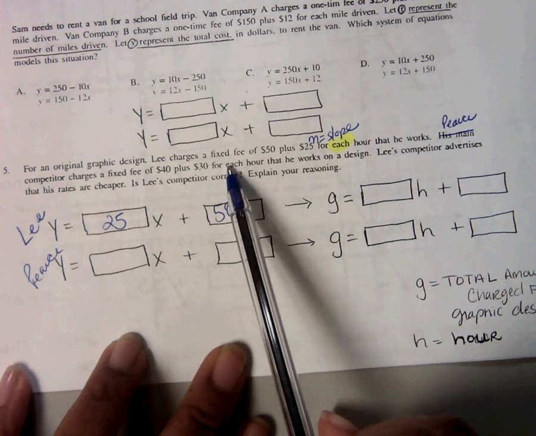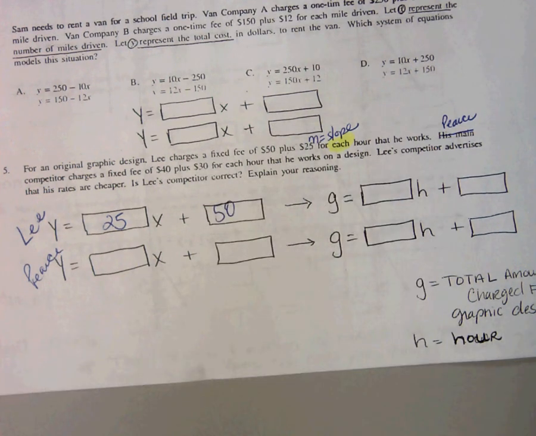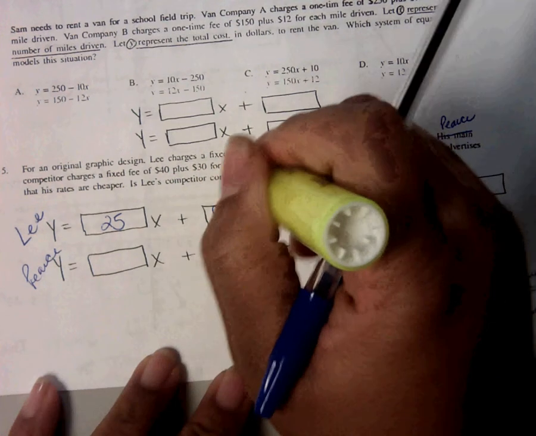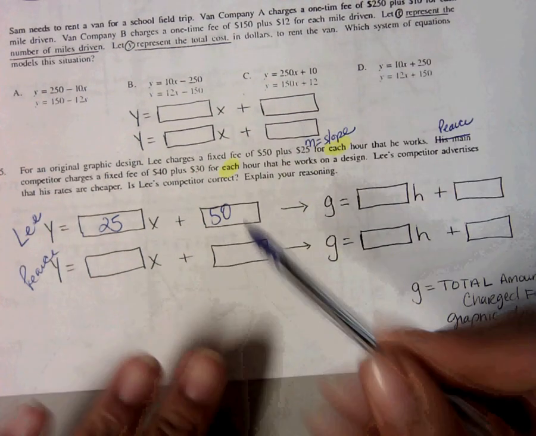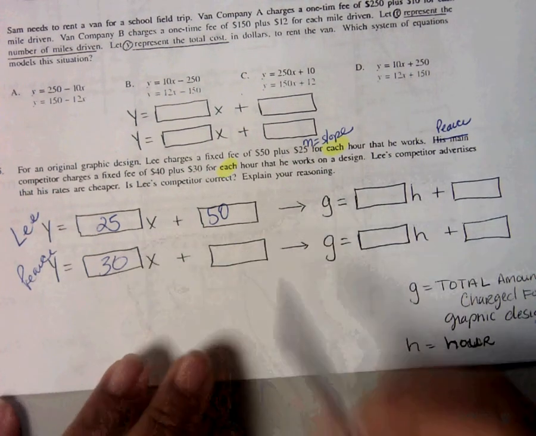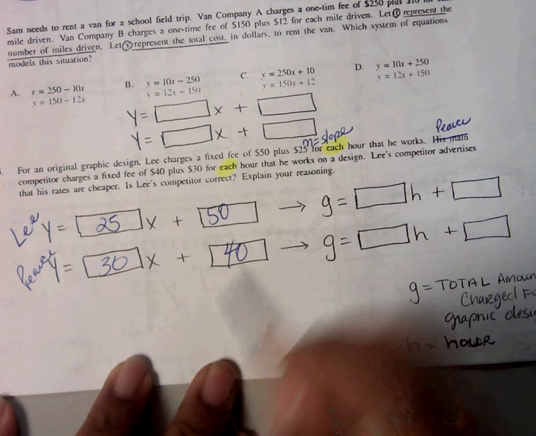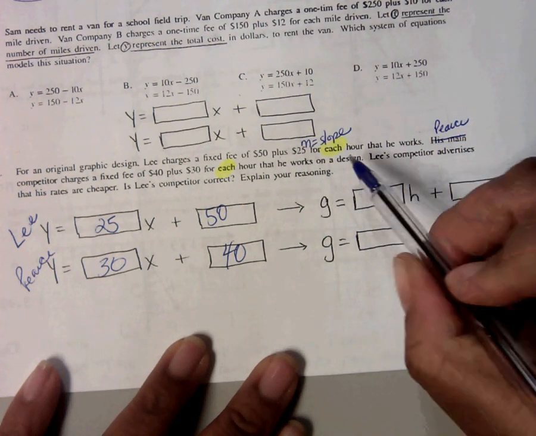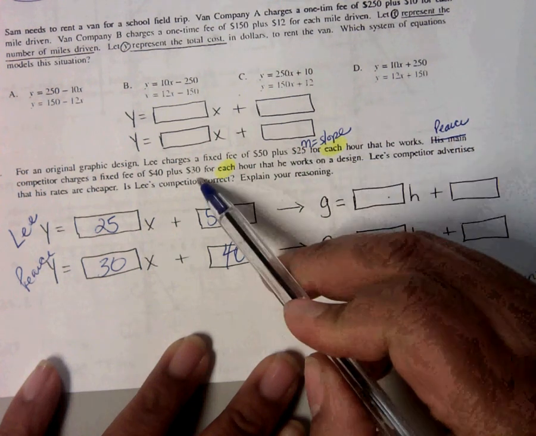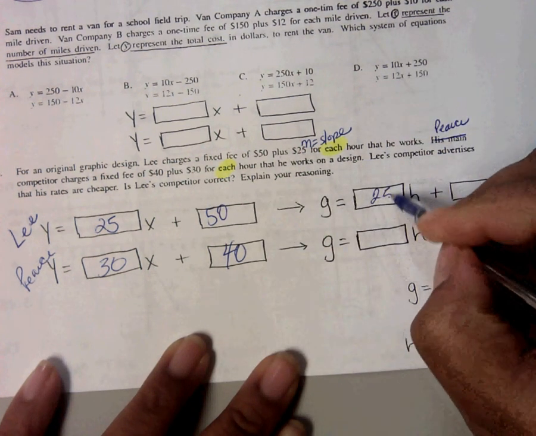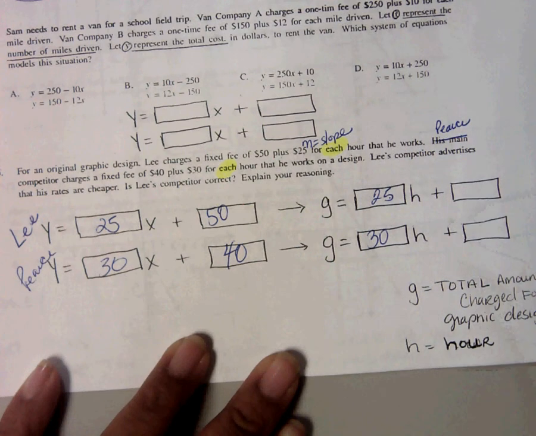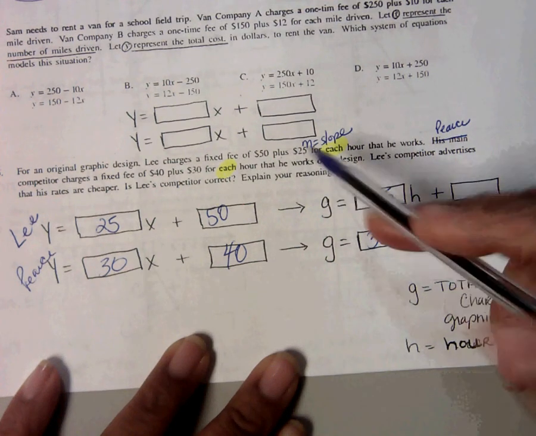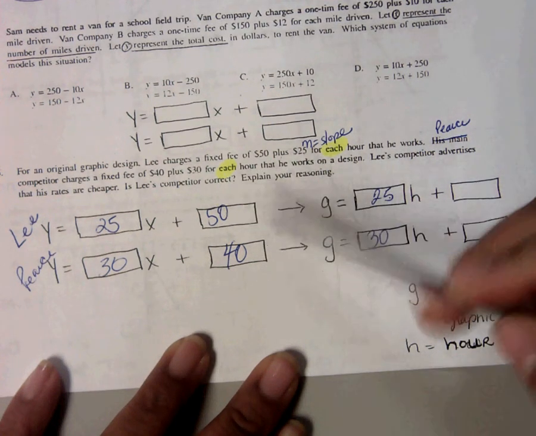There is the each next to $30. So that's my, what is it? Slope. You got it. Plus $40. Now we change the letters so that it makes sense. We have 30 an hour, 25 an hour, plus 50 plus 40.